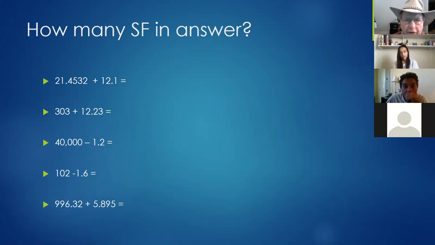You can lose significant figures when you subtract. Does that make sense to you? For example, if I subtracted 102 minus 2.6, my overall answer should be 99.4, correct? But I can only report my final answer to the units place. So even though I started off with 3 significant figures, I lost 1.